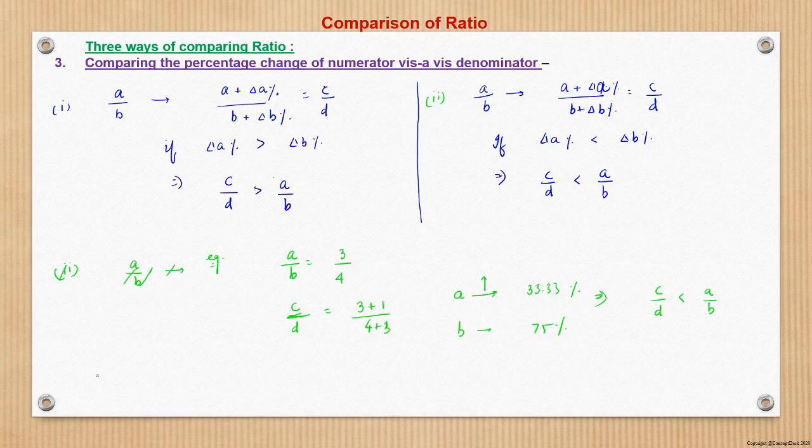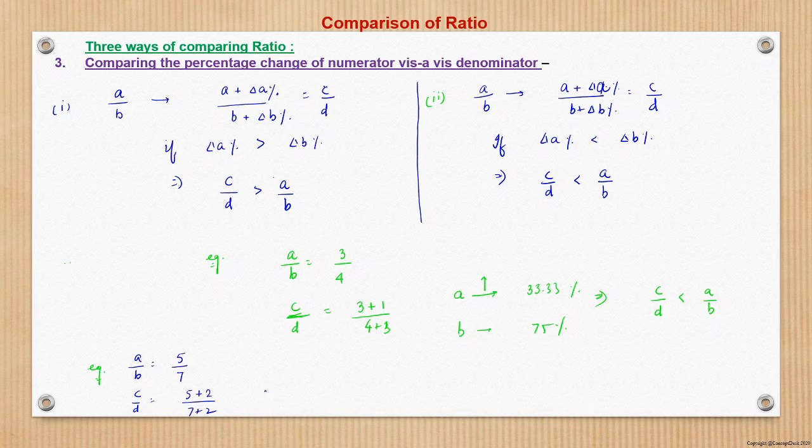Now I will take another example. Say a by b is equal to 5 by 7, and c by d is such that both increase by the same amount, 2.